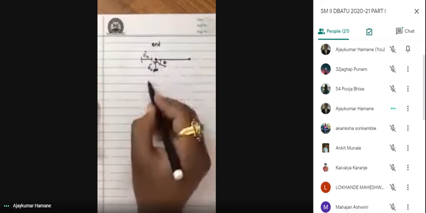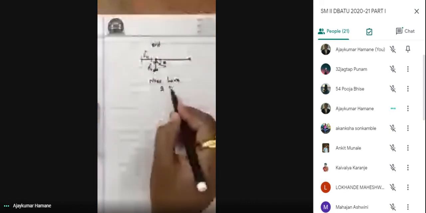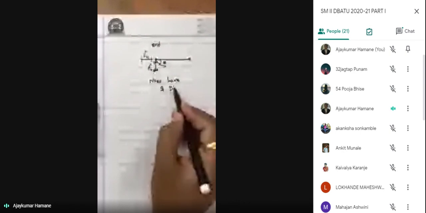That means each node has three displacements.